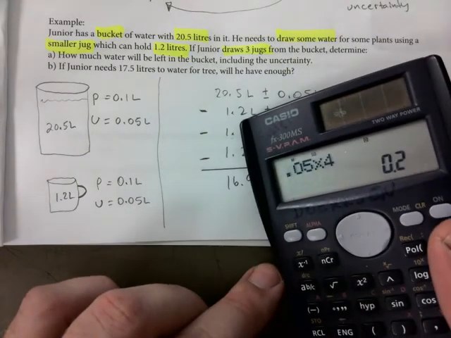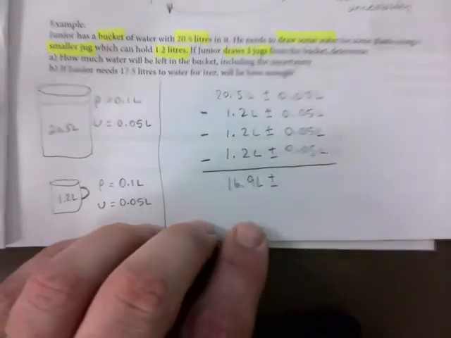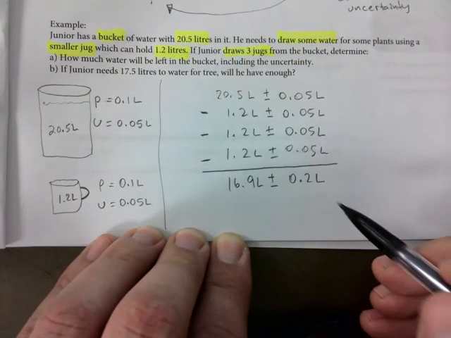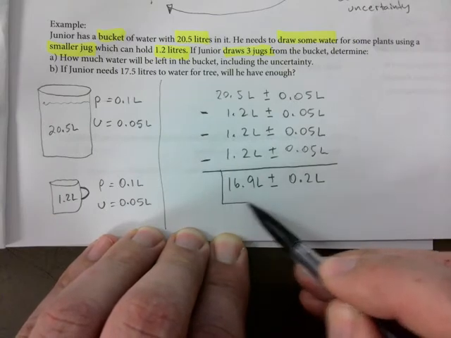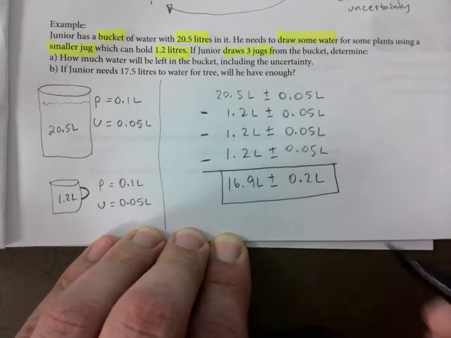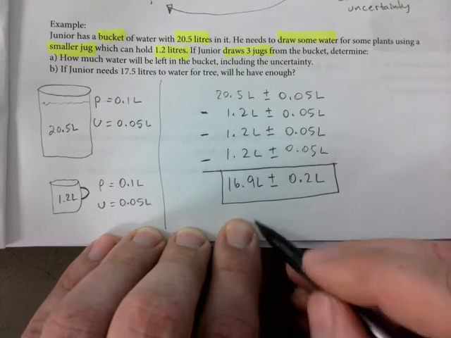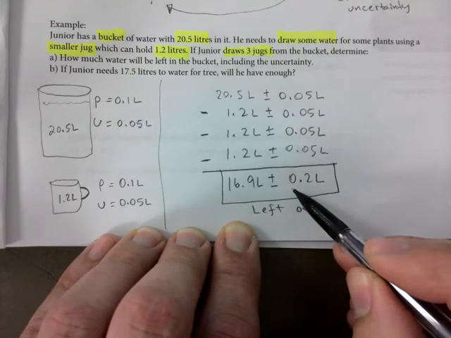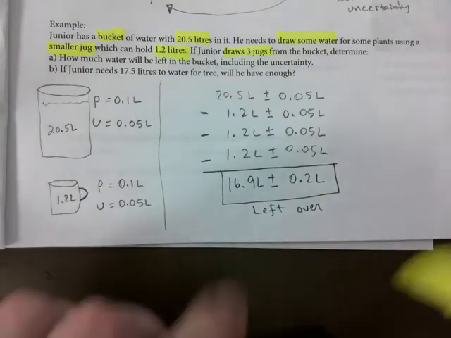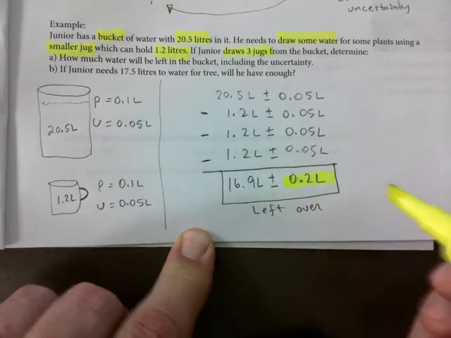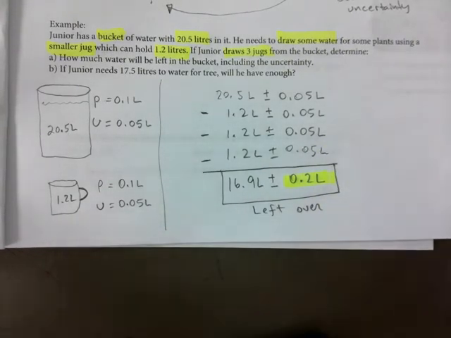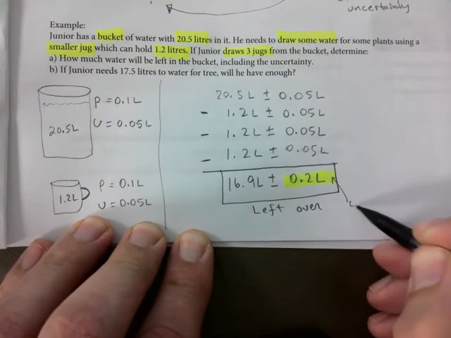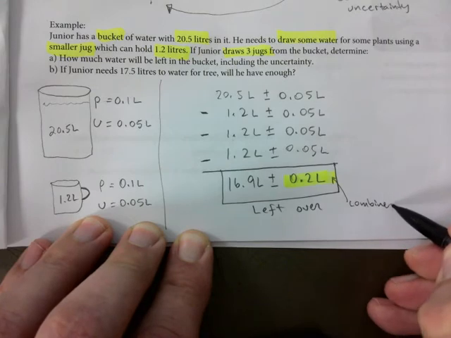So my combined uncertainty is 0.2. And this is what the question is asking for, the leftover. And this is the combined uncertainty.